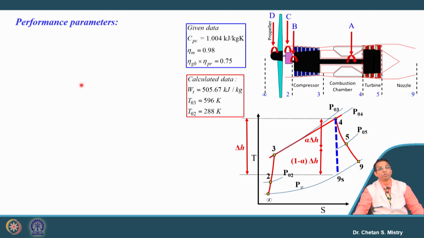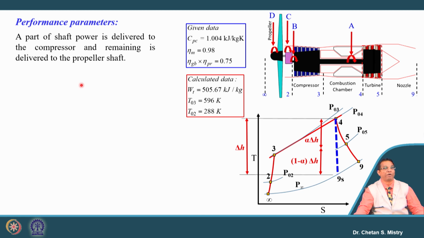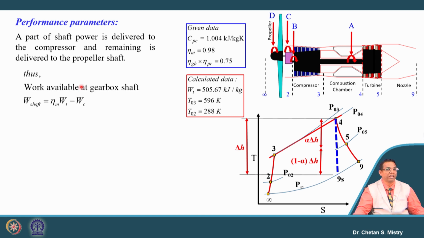Now let's try to calculate the next very important parameters: my thrust, equivalent thrust power, thrust specific fuel consumption, or equivalent specific fuel consumption. Let's try to calculate all these parameters. The very first thing that is required is the calculation of power.